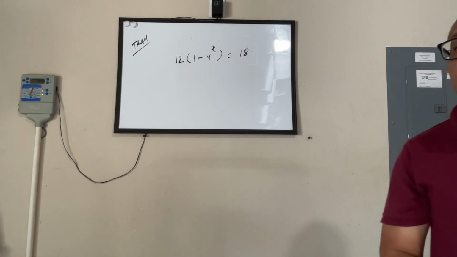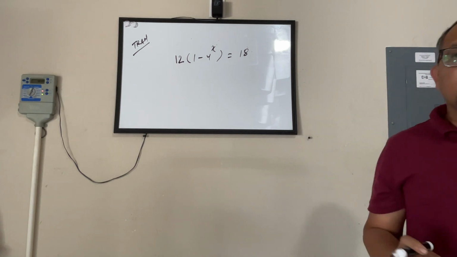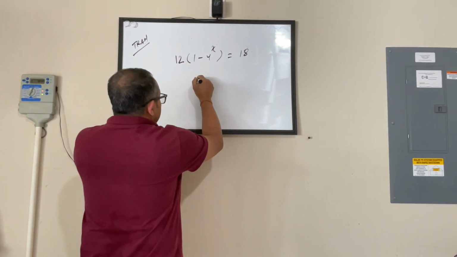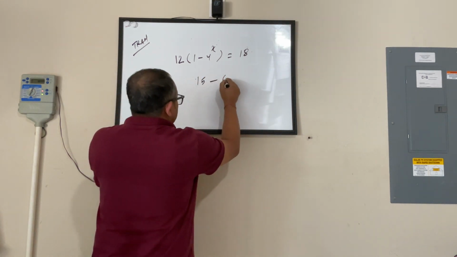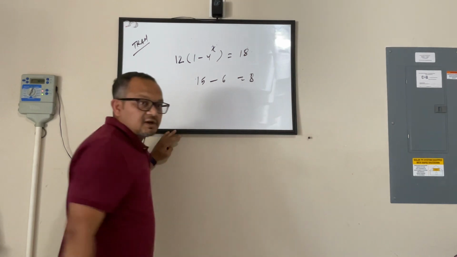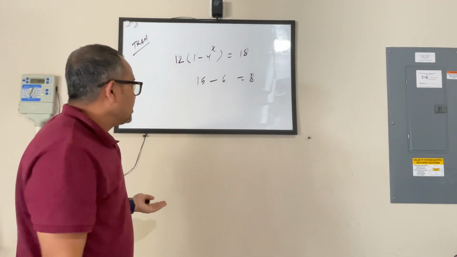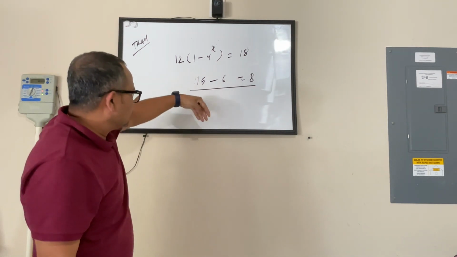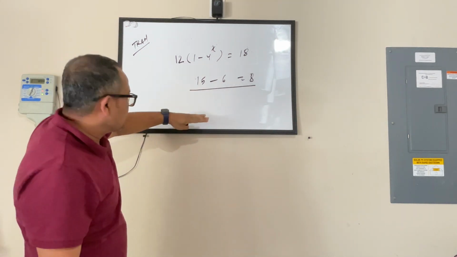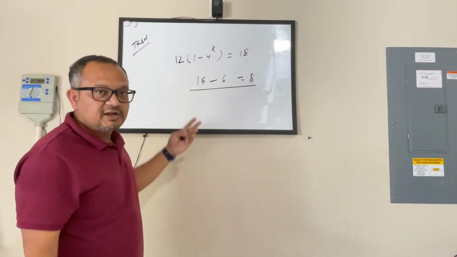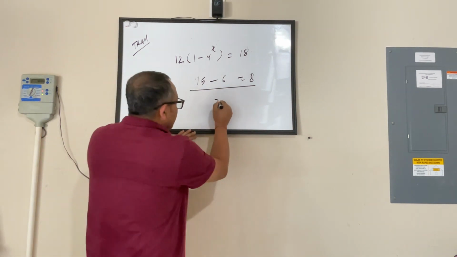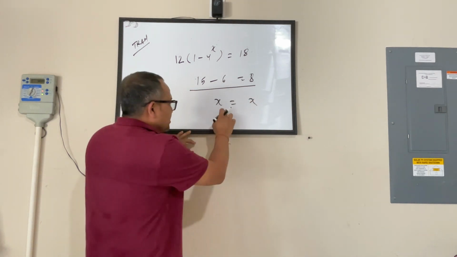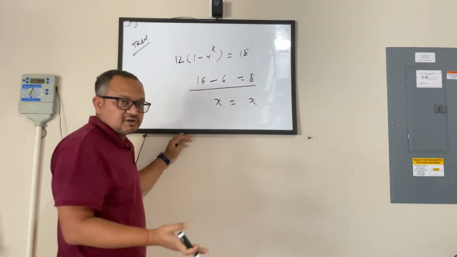Something has no solution if you come across a situation where it becomes an equation like, let's say, 15 minus 6 equals 8. There is no variable. If you have an equation like this, or just any statement which looks meaningless, it has no solution. If you have something like x equals x, this is a situation when you have multiple solutions.